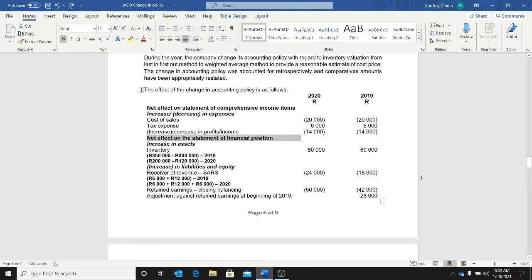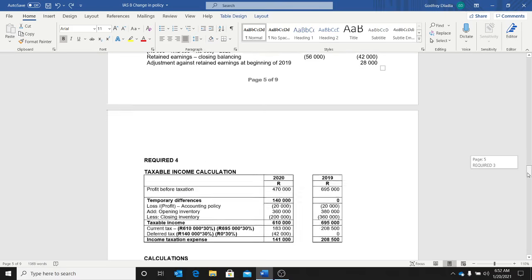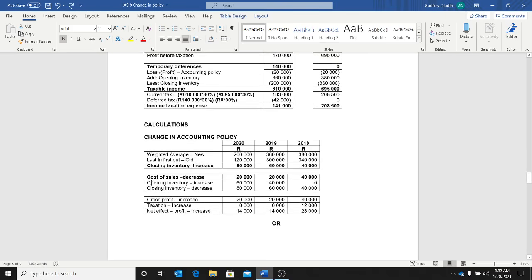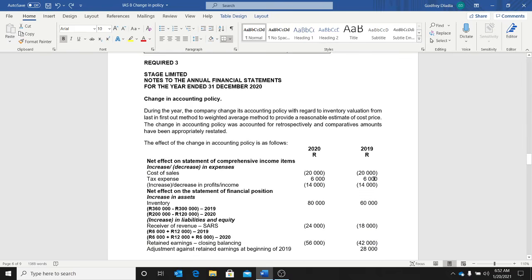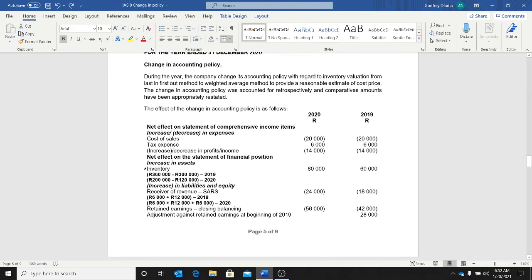Okay. Then you come to the balance sheet. You can again go back to the calculation. In the balance sheet, you are saying in 2020, my inventory must increase by 80, in 2019 by 60. Right. Here we go. 80 and 60, just exactly like they are in the calculation.